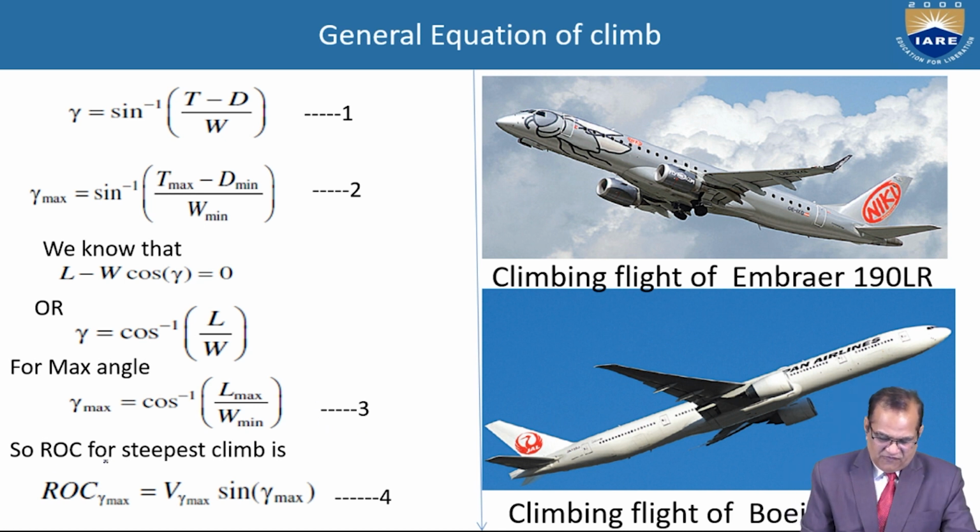For the steepest climb, rate of climb is V sine gamma, so V should be maximum and gamma should be maximum. Then you will get rate of climb maximum. Rate of climb maximum means that is the angle at which you are getting the fastest climb, and this is the highest climb angle.